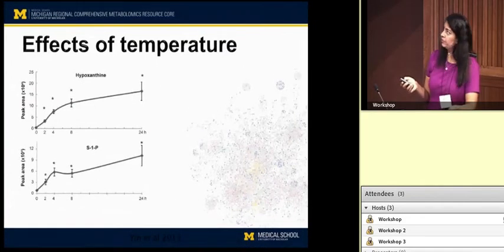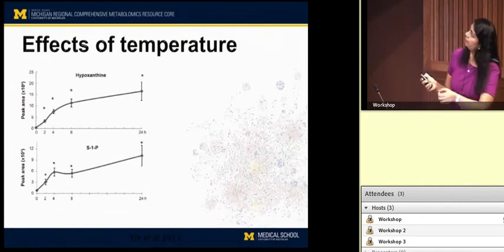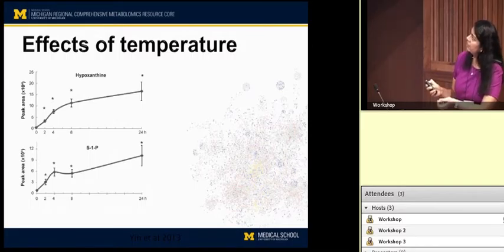Other effects of temperature: this is an example of 10 serum samples from healthy volunteers. Here we're specifically measuring hypoxanthine and sphingosine 1-phosphate over time. This is left at room temperature. As you can see, as time goes on, certain metabolites increase because of cell metabolism or cell decay.